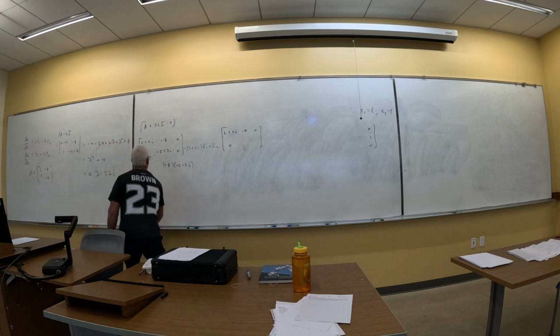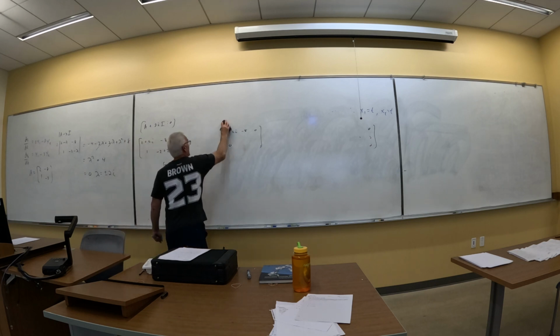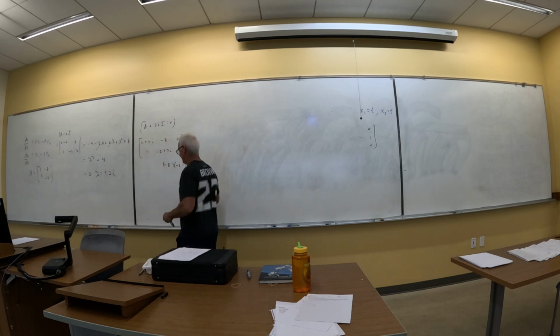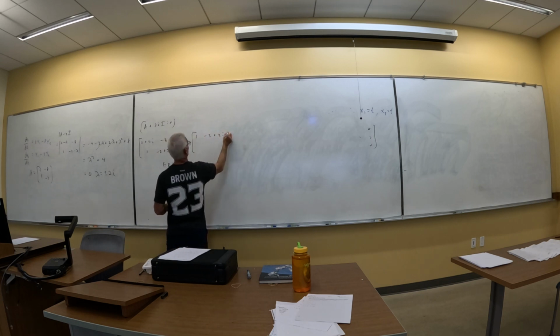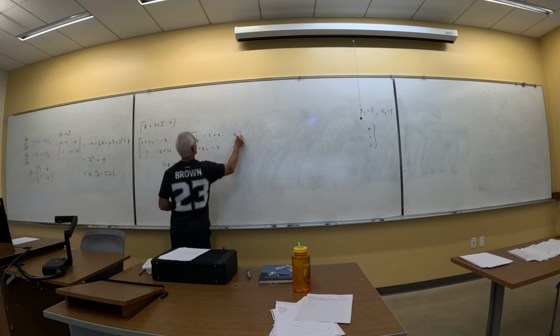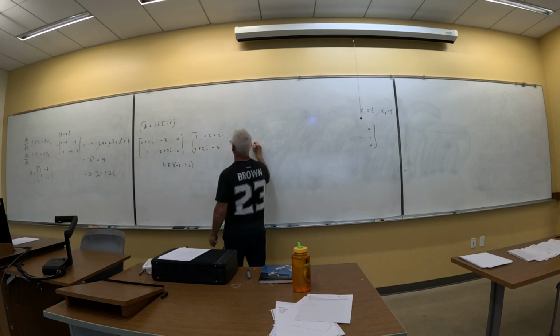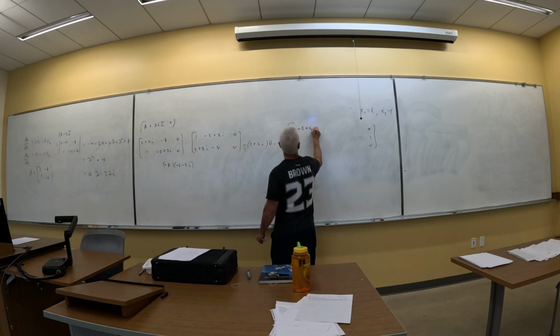I'm sorry, I said that completely backwards, my bad. I want to switch the rows first, sorry. I was doing that part in my head, that was evil. This is what it should be. Okay, 2 plus 2i, negative 8, 0. Now we'll take the negative of 2 plus 2i times row 1. There we go. I don't know what I was thinking. That was crazy. Okay, so that's a 0.